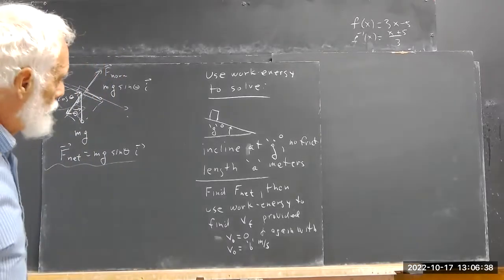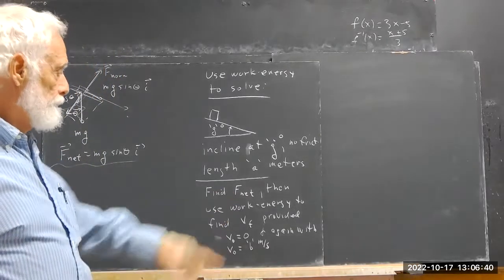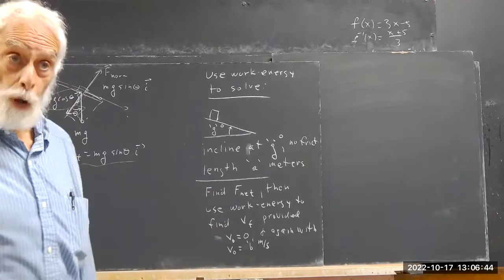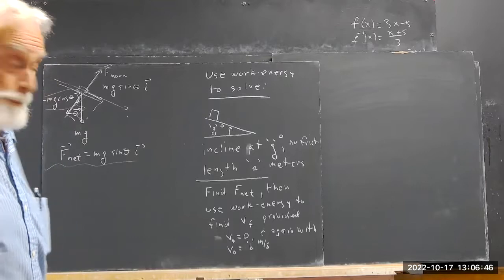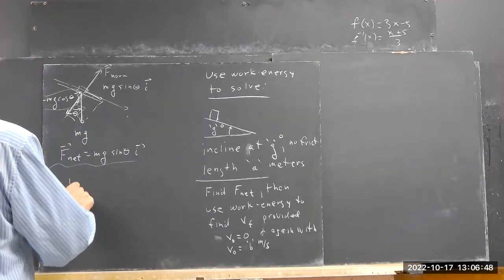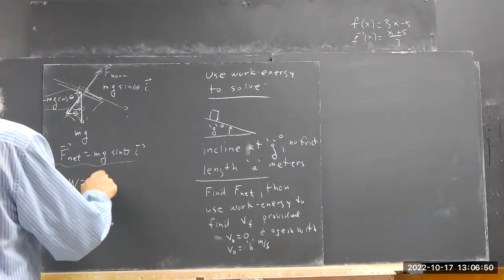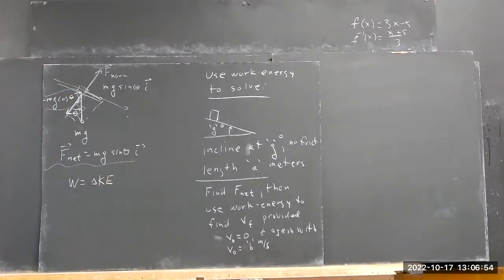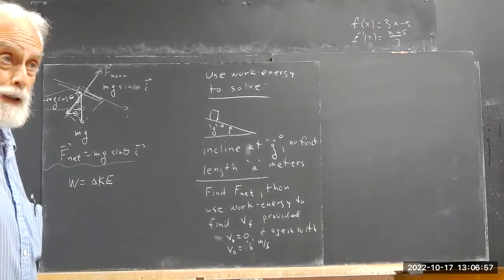Okay, so how do we apply the work energy theorem? Well, first we have to know the work energy theorem. We have to know that work is change in kinetic energy. And I would write it this way.